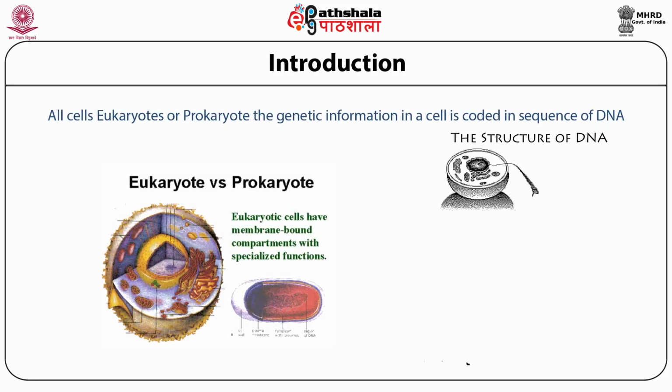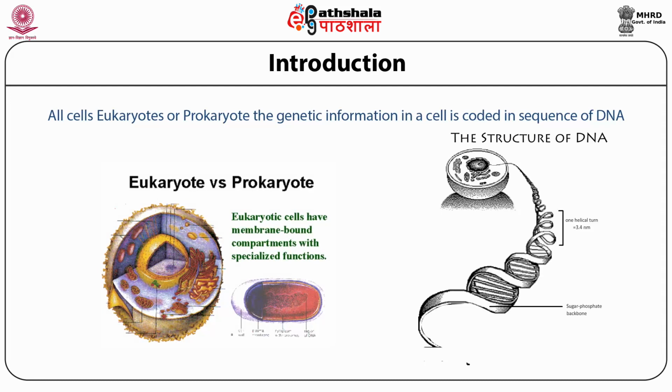All cells, whether eukaryotes or prokaryotes, have genetic information, and this genetic information is coded in the sequence of the DNA molecule in terms of 4 nucleotide bases: adenine, guanine, thymine and cytosine.